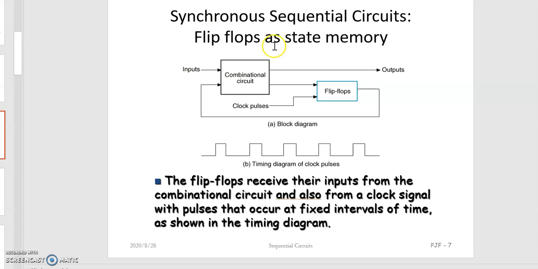The important synchronous sequential circuit is the flip-flop, which can be used as state memory. Always the flip-flop can be used to store one memory element. The flip-flops receive their inputs from the combinational circuit and also from a clock signal, with pulses that occur at fixed intervals of time, as shown in the timing diagram.